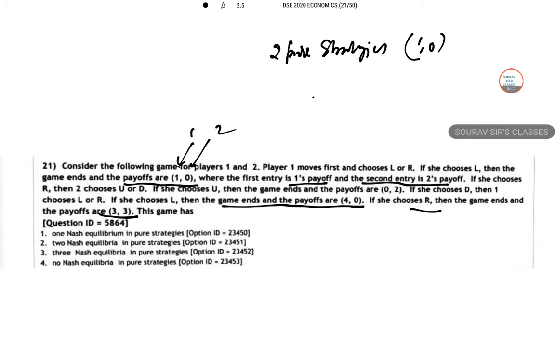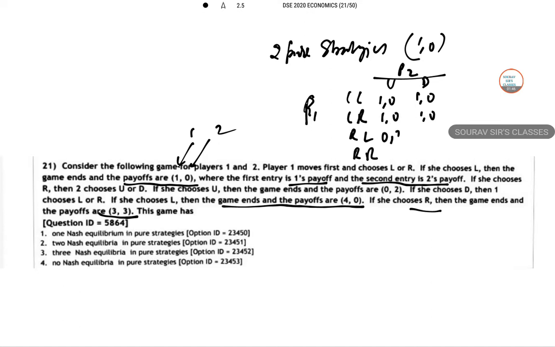And the payoff matrix is P1 and P2, with L and R: LL, LR, U and D, RL, RR. So 1 0, 1 0, 1 0, 1 0, 0 2, 4 0, 0 2, 3 3.